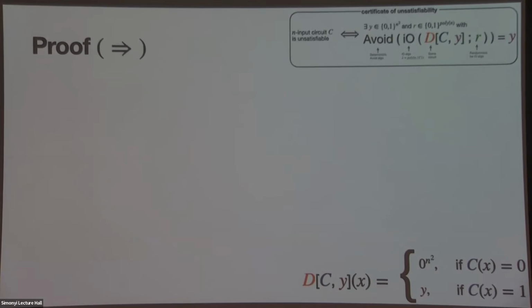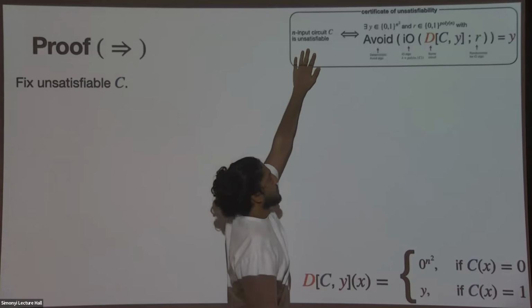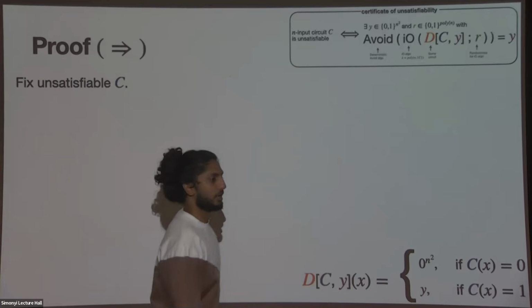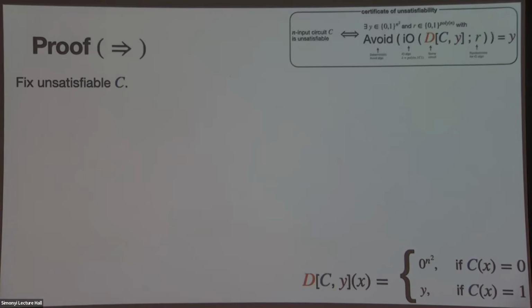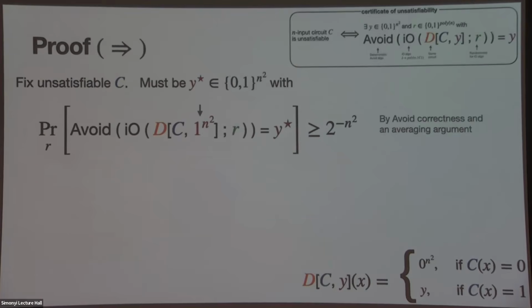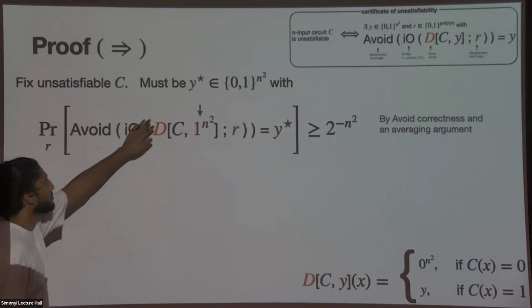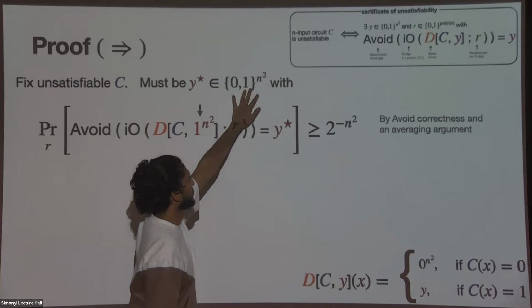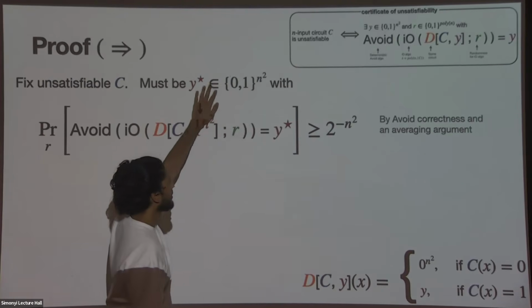Nice. All right, forward direction. This one will be the harder direction, although hopefully not too hard. And this is where we'll see the answer to Maya's question and the usefulness of iO. So our goal is to say that if you hand me an unsatisfiable circuit, there exists such a Y. So let's fix that circuit C. And now I claim that there must be a Y star in {0,1}^(n^2) with the following property.